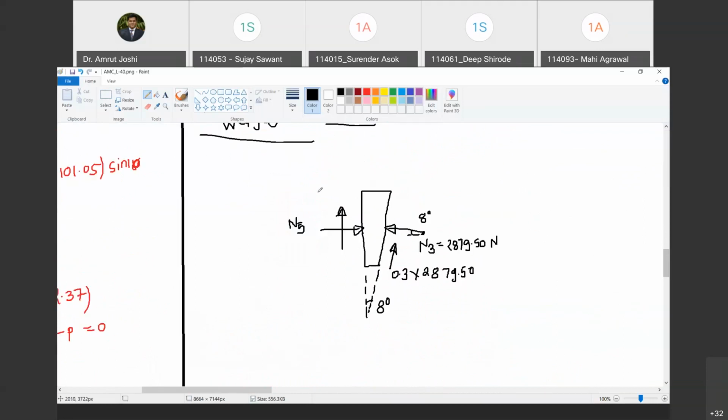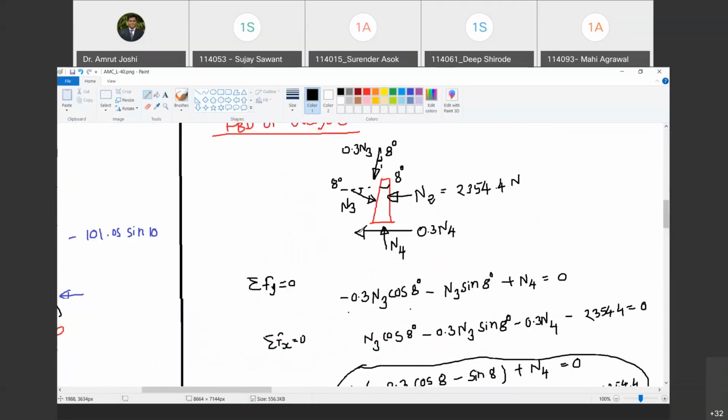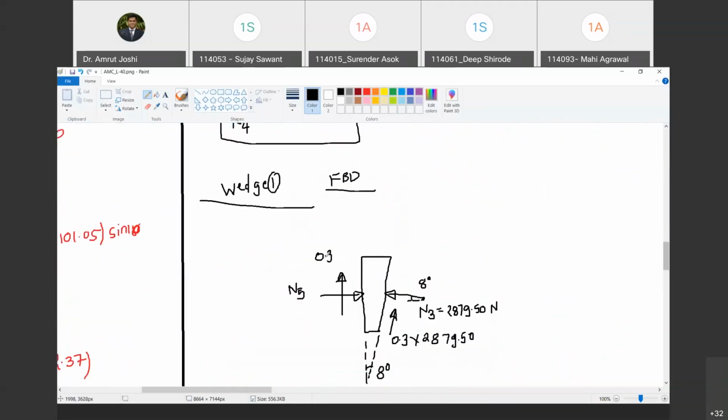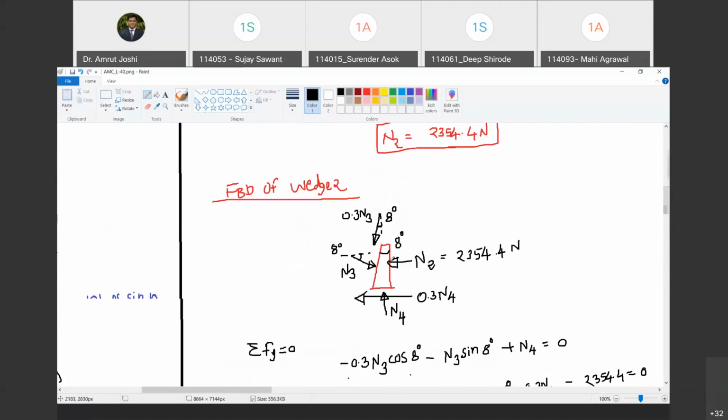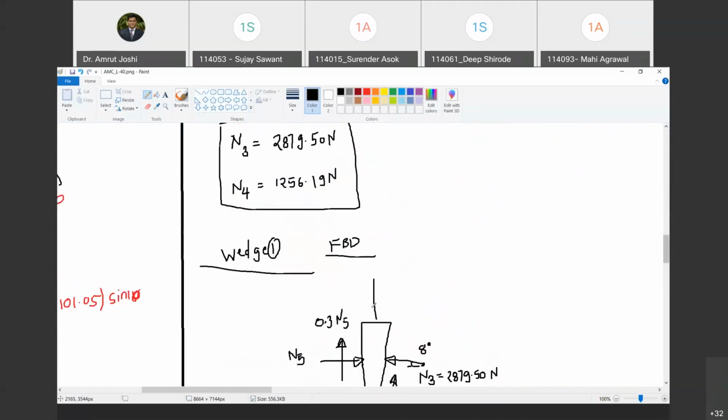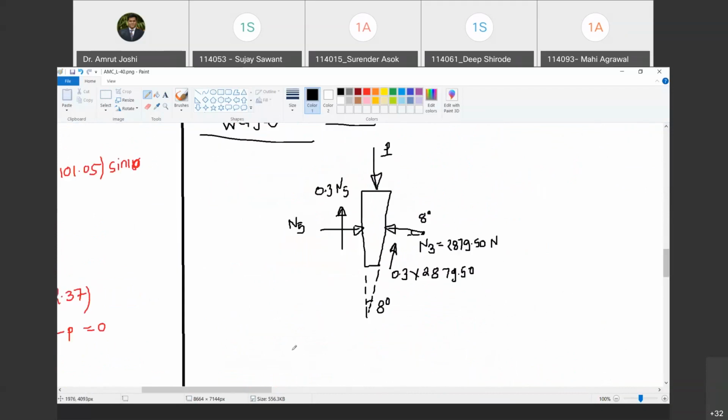As this block has to slide down, it has to be equal to the coefficient of static friction 0.3 multiplied by N5. Happy? Yes, sir. And you are also going to have this force P on this block. Happy? Yes, sir.